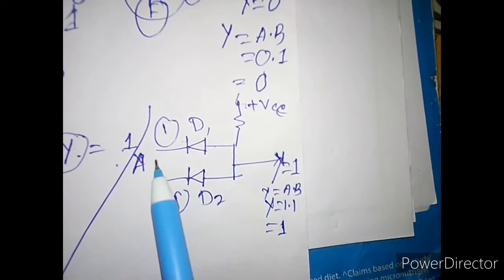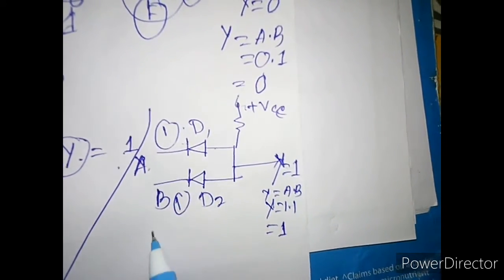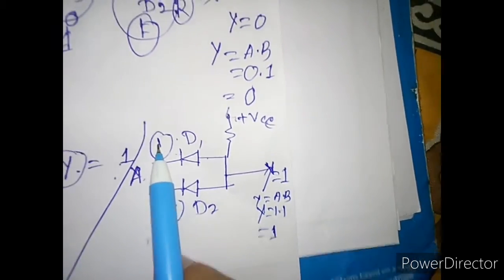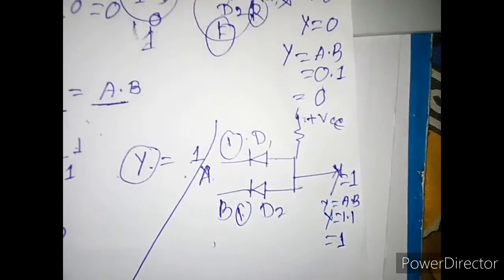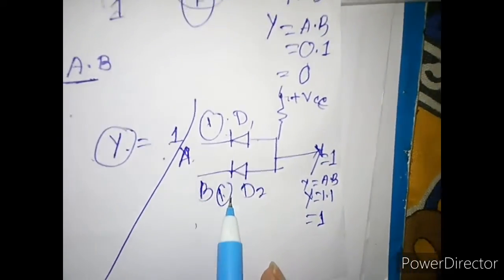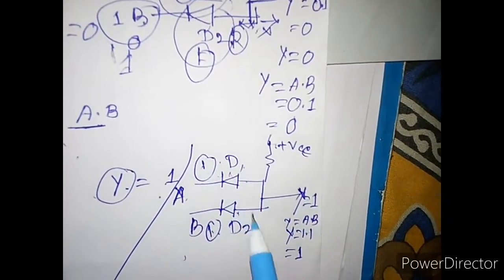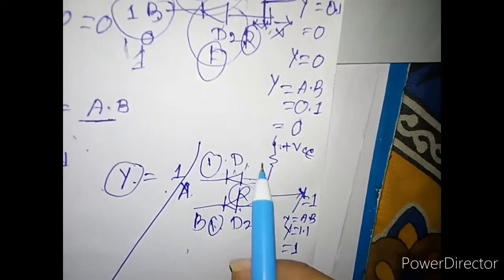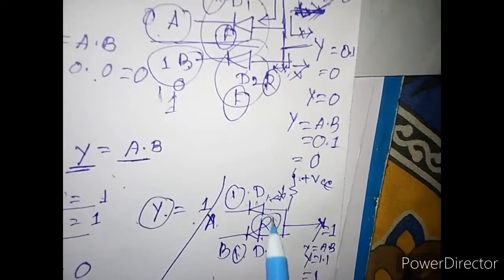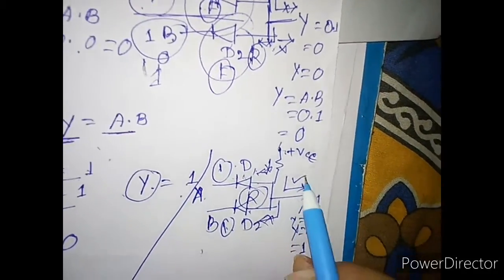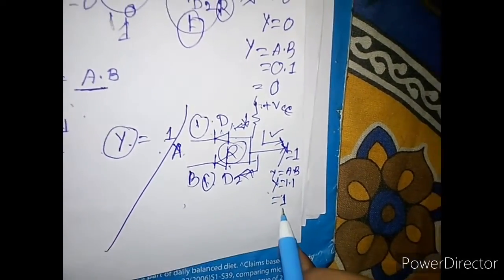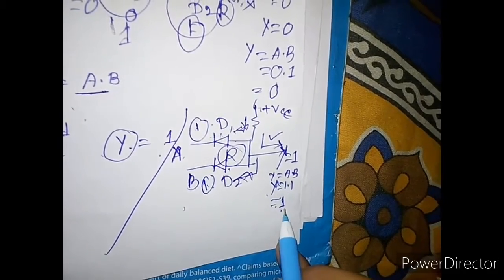When A is 1 and B is 1, that means when A is high and B is also high, D1 and D2 both are reverse biased. That means they cannot pass the supply, and then Y gets the supply. Then Y is equal to 1. That means Y is high.